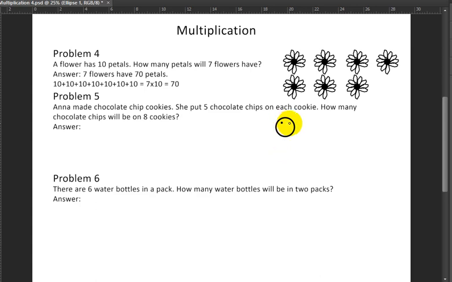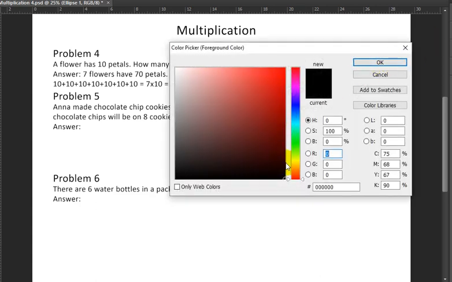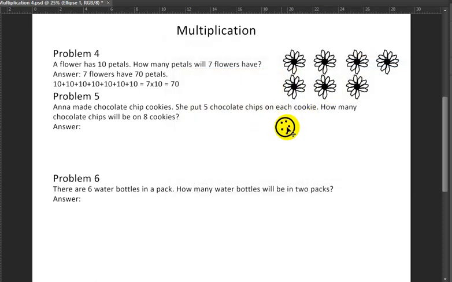1, 2, 3, 4, 5. There we go. There's our chocolate chip cookie with 5 chocolate chips on it. And chocolate chip cookies aren't white, they're brown-ish. Like that.